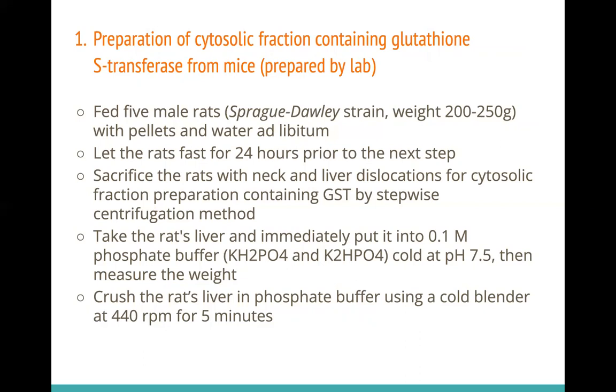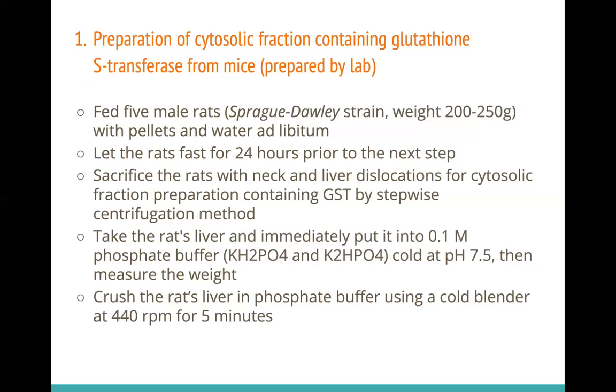Then after that, you need to sacrifice the rat by neck dislocation. And for the cytosolic fraction preparation containing GST by the centrifuge method, after the dislocation, the liver will be chopped up, and then the enzyme will be separated from the other fractions by centrifugation.